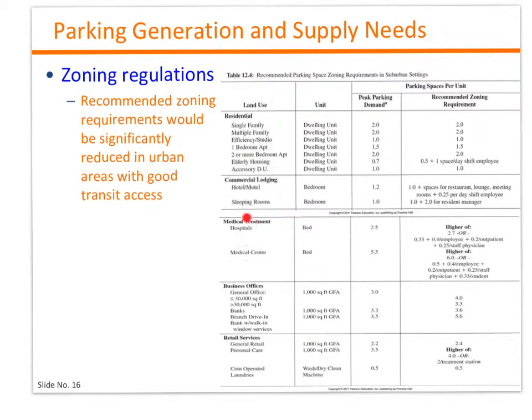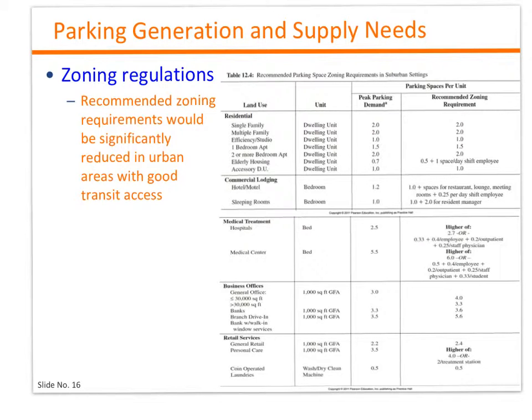Let's pick on hospitals. If I have a medical treatment hospital, the regular unit related to parking need is the number of beds, and the peak parking demand is 2.5. While the recommended zoning requirement is the higher of 2.7 or 0.33 plus 0.4 over number of employees plus 0.2 number of outpatients plus 0.25 over the staff physicians.